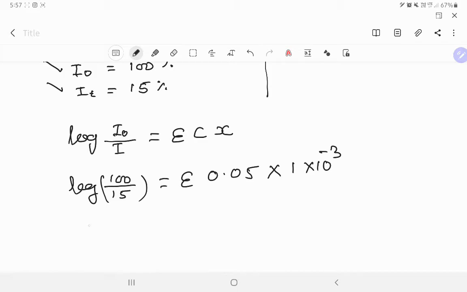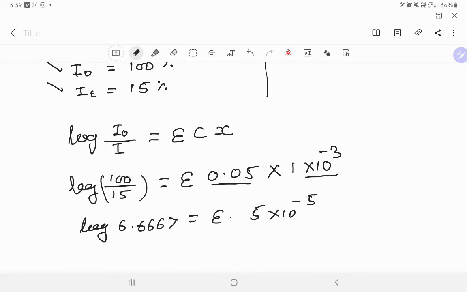What will be the value? 100 upon 15, it will be here log of 6.6667 is equal to epsilon into, now calculate this value, 0.05 into 10 raised to minus 3 means 5 into 10 raised to minus 2 and into 10 raised to minus 3 means it will be 5 into 10 raised to minus 5.